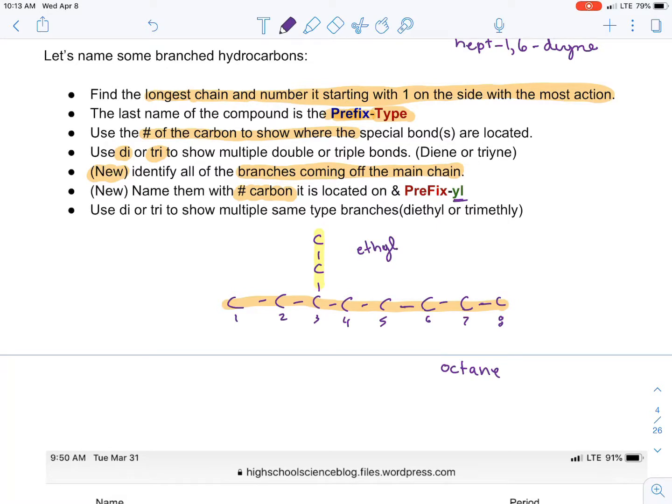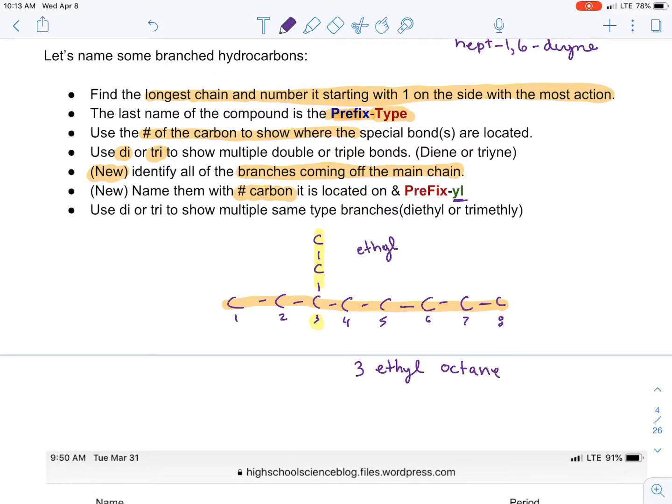Ethyl. It's branched off of the third carbon, right? So it's going to be called 3-ethyloctane. Simple as that. Watch that back if you didn't get it.